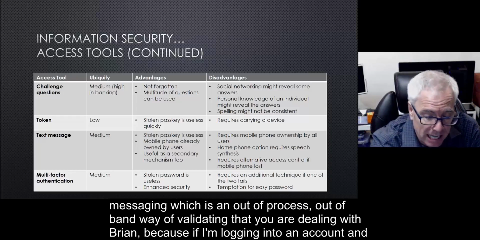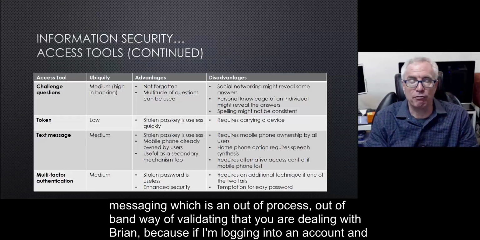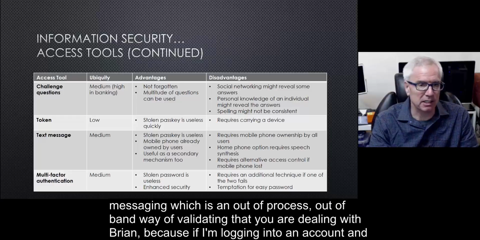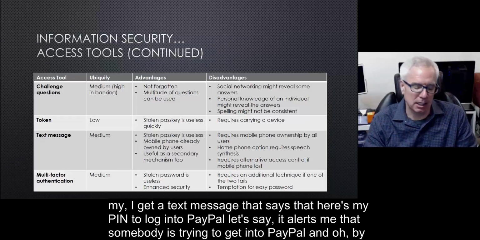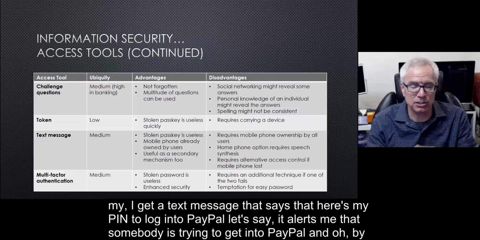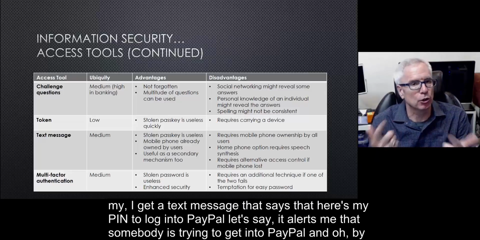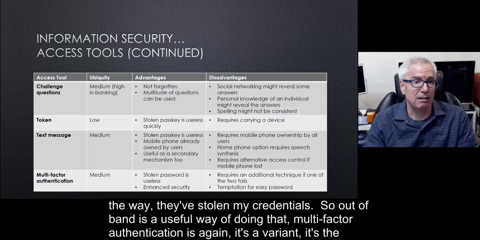Text messaging, which is an out-of-process, out-of-band way of validating that you're dealing with Brian, because if I'm logging into an account and I get a text message that says here's my PIN to log into PayPal, let's say, it alerts me that somebody's trying to get into PayPal, and oh, by the way, they have stolen my credentials. So out of band is a useful way of doing that.